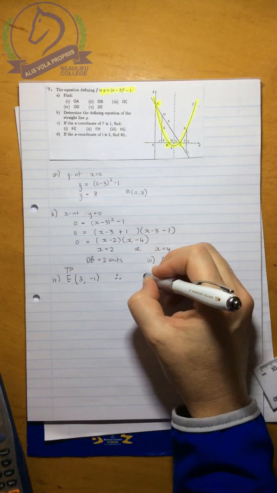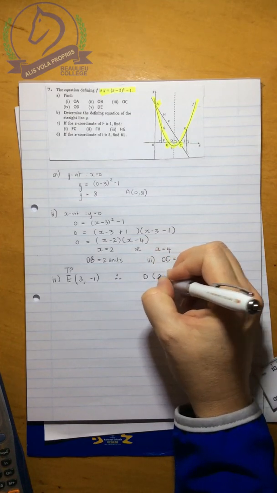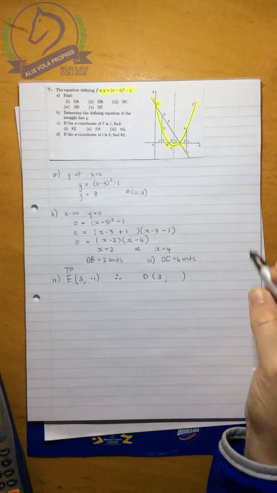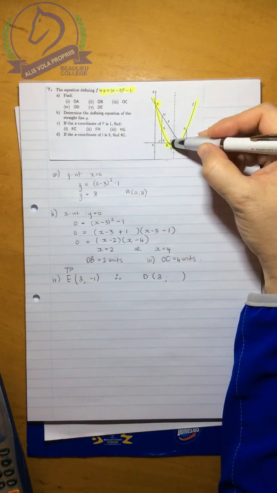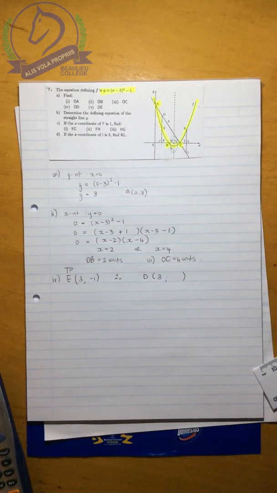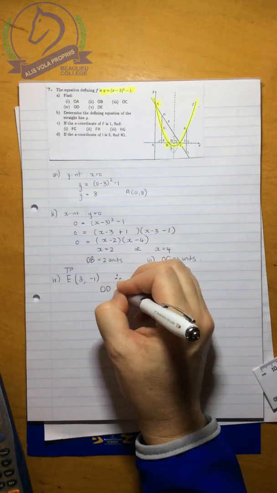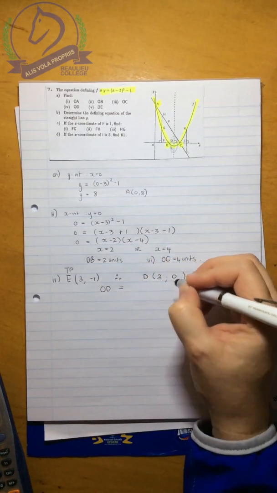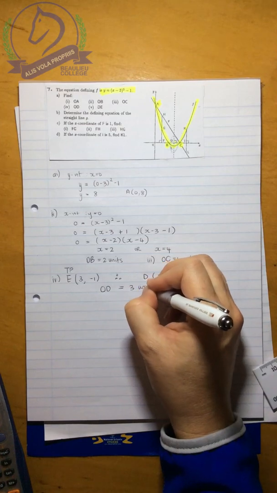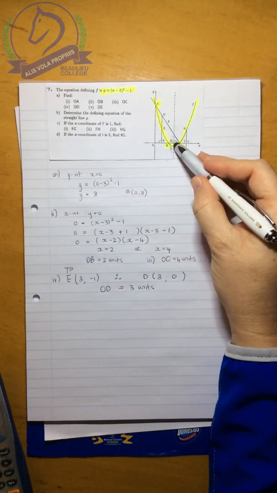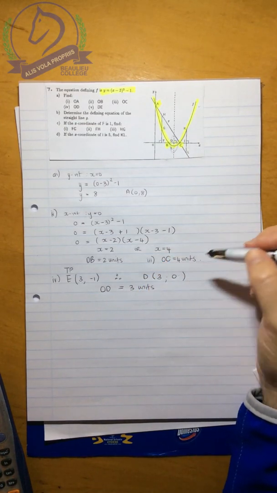That means D will share the same x value because they are in the same line. So D will also be at 3. So OD is going to be 3 units, and D is on the x-axis, so it's 0.